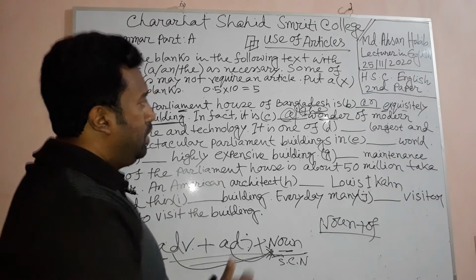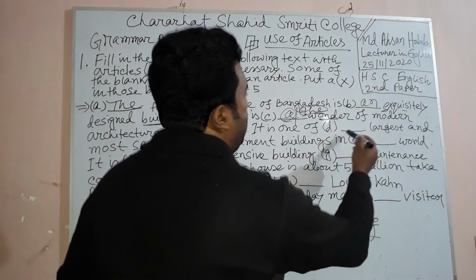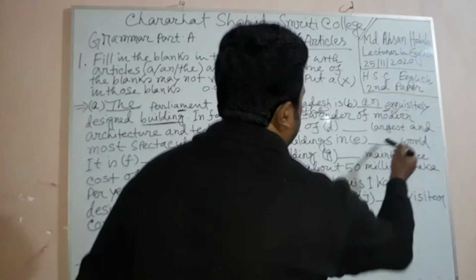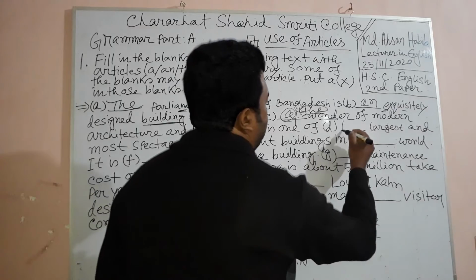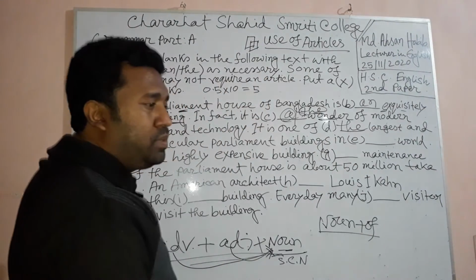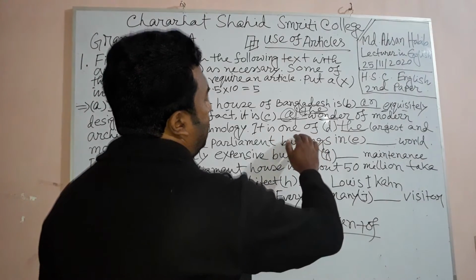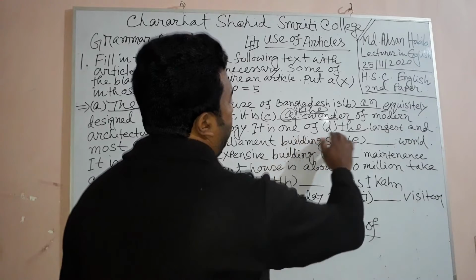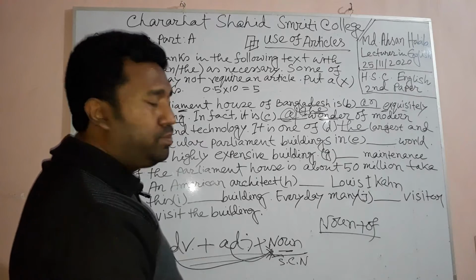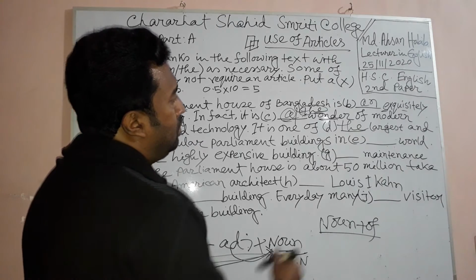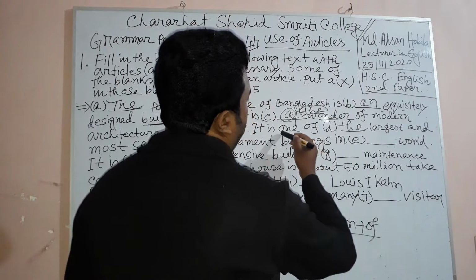Now it is one of the dash largest. See here, it is one of the. So why is it one of the? Because one of is a phrase, and it's a special phrase that sits with the.